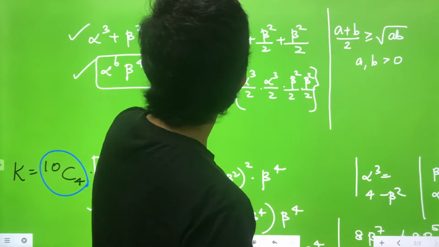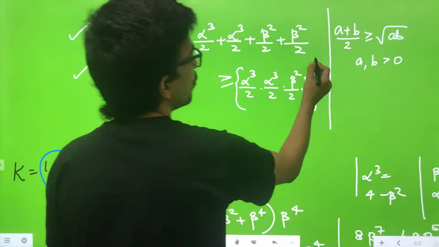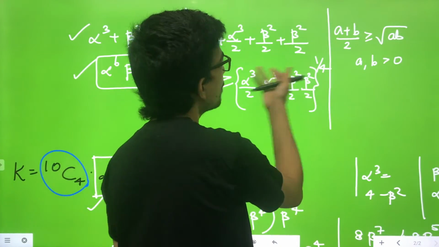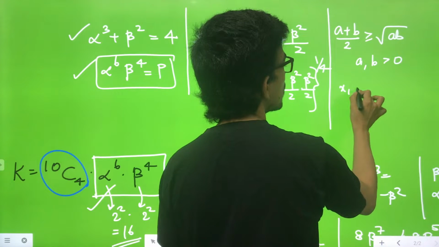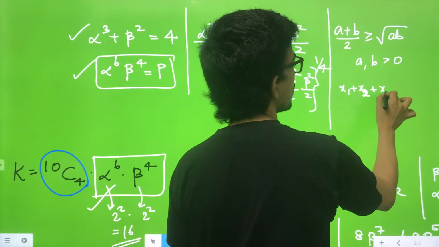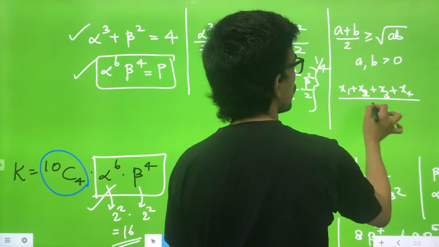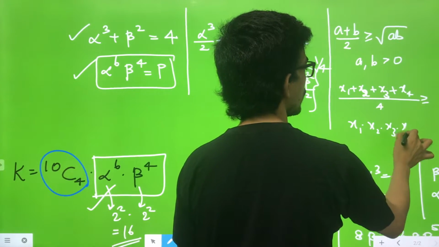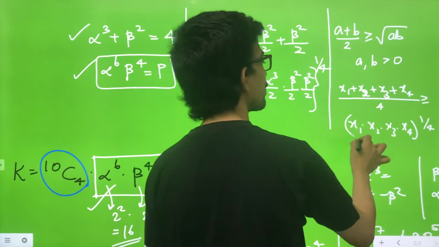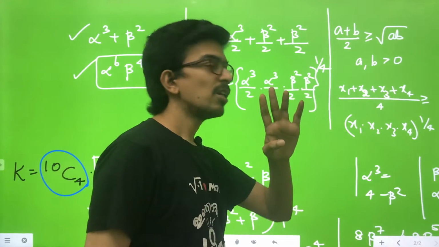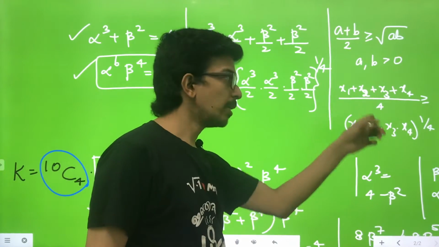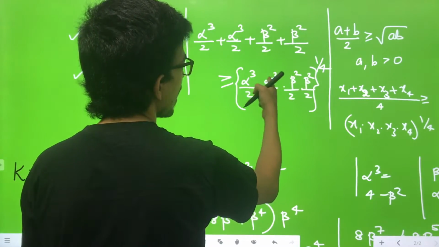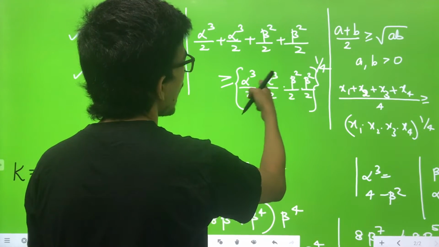this expression is exactly 4. I forgot to write 1 by 4 here. I'm sorry. For four numbers, the AMGM inequality will be in this form: x1 plus x2 plus x3 plus x4 divided by 4 will be greater than or equal to x1 into x2 into x3 into x4 raised to 1 by 4, for positive numbers.